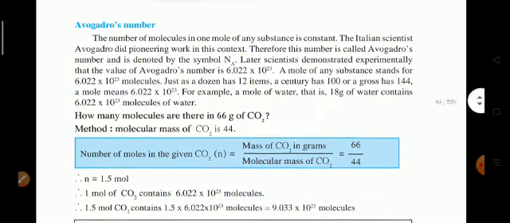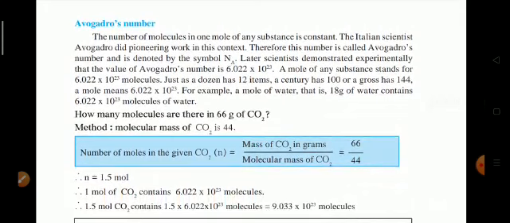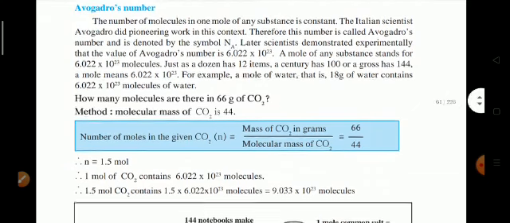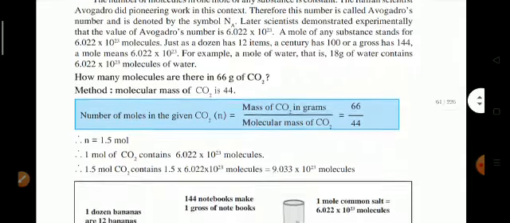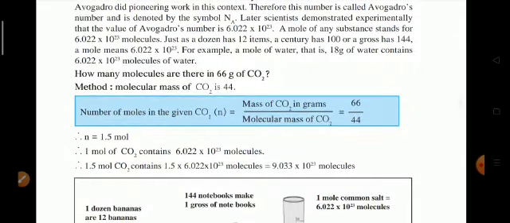The number of moles in a given 66 g of CO2, small n, is equal to the mass of CO2 in grams divided by the molecular mass of CO2, that is 66 divided by 44. n is equal to 1.5 moles. So what we have to do is multiply this by Avogadro's number, that is 6.022 × 10^23, which gives 9.033 × 10^23 molecules.